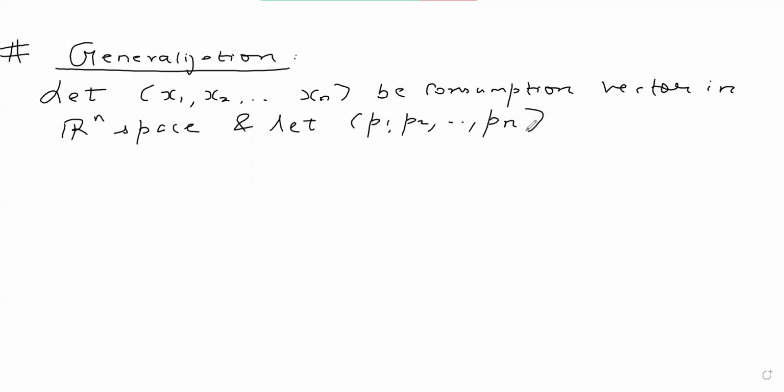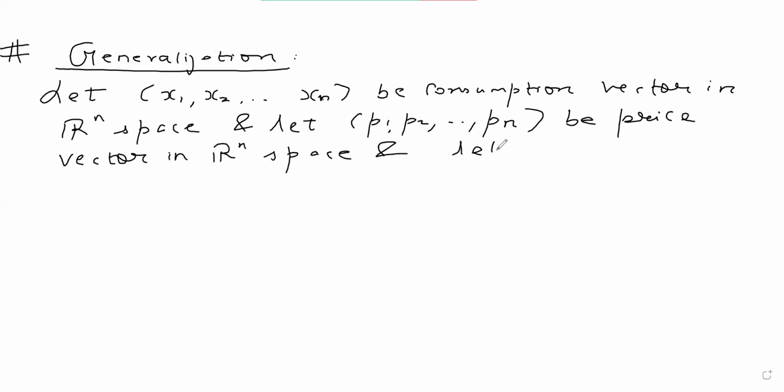So now we have n goods. So let (P1, P2, ..., Pn) be the price vector in the Rn space. And let M denote the income of the consumer.